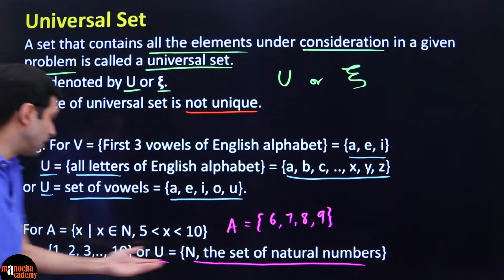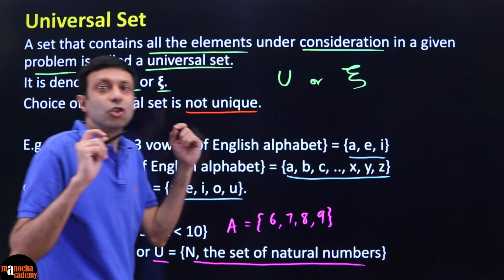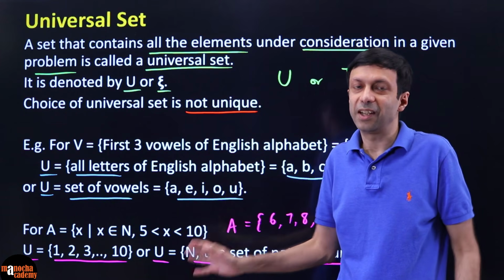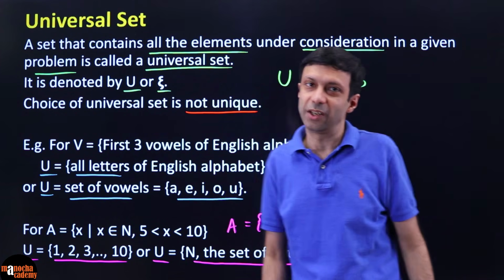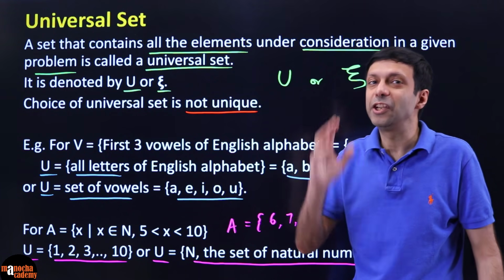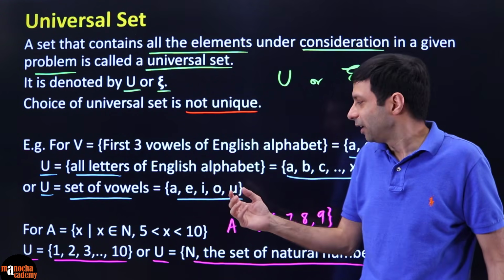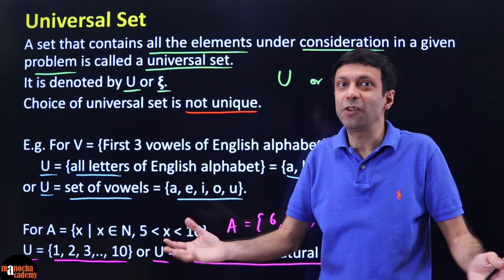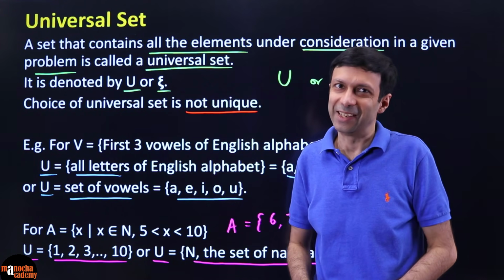Clear? So clearly with these examples you can see that the choice of universal set is not unique. It can be whatever you want it to be. But the important thing is it should contain all the elements in the set that you are considering. So it's like a kind of a superset which contains all these guys in it.